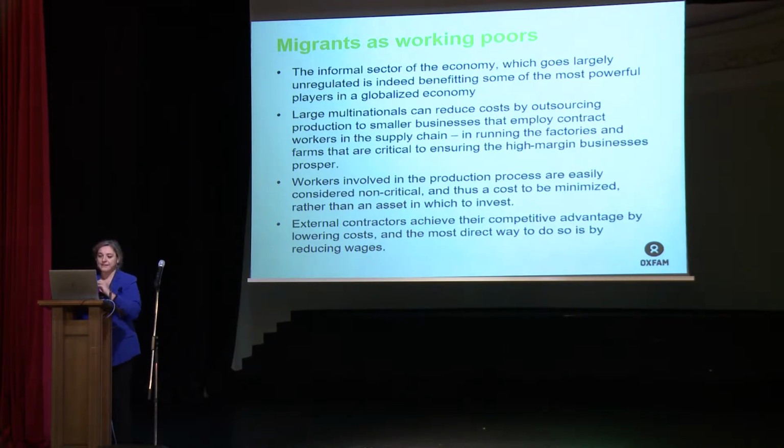So there is a situation where the competitive advantage is playing out on the skin of the people that work in the supply chain. External contractors achieve their competitive advantage by lowering cost, and the most direct way of doing so is reducing wages. And this is the trap of the working poor that is affecting many poor people, but also, I would say, international migrants.